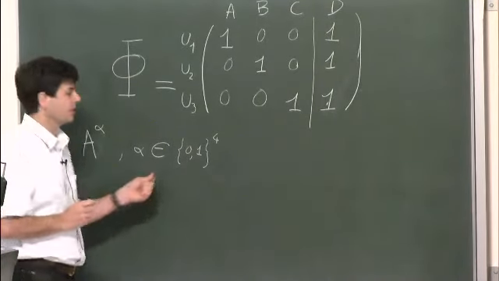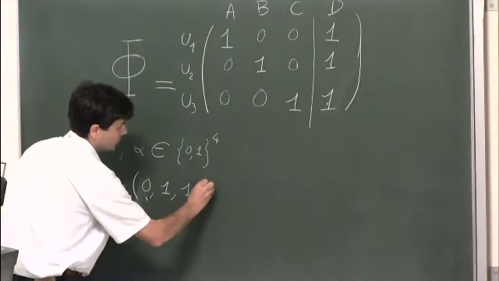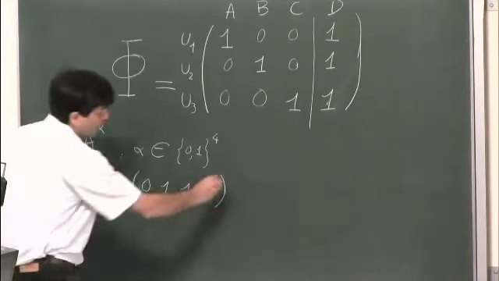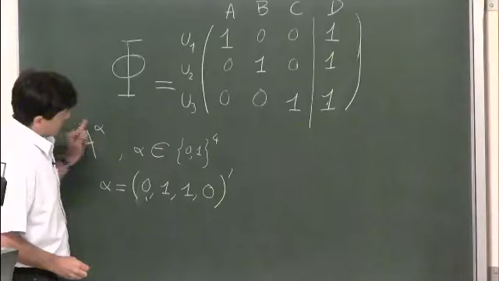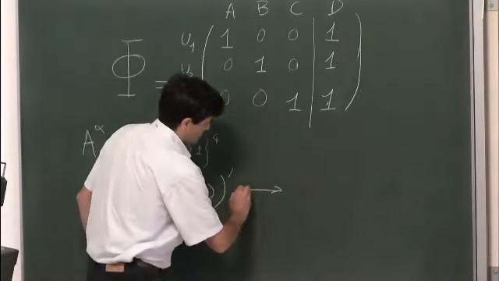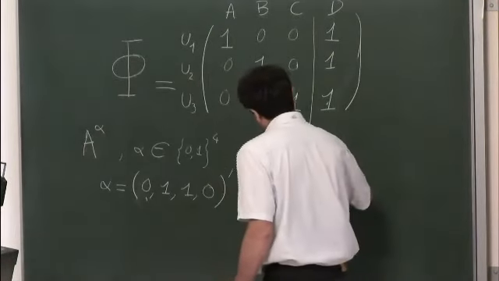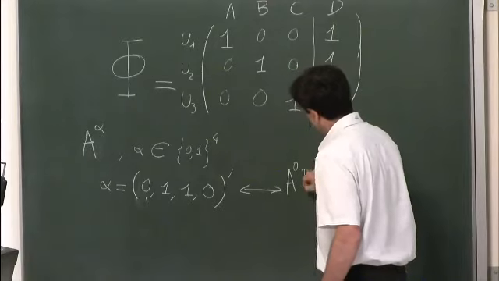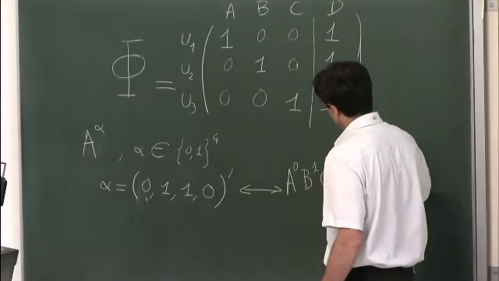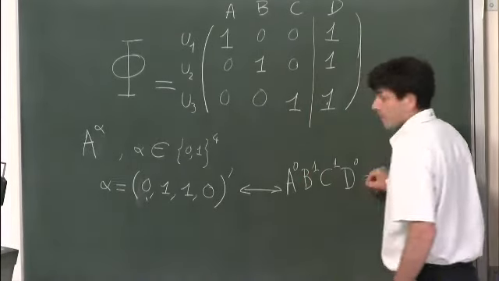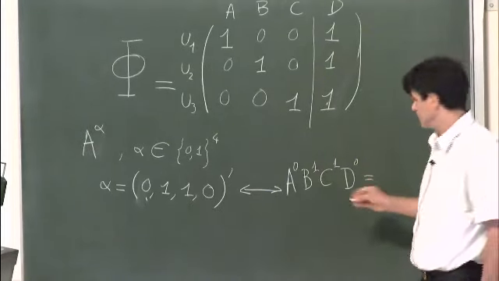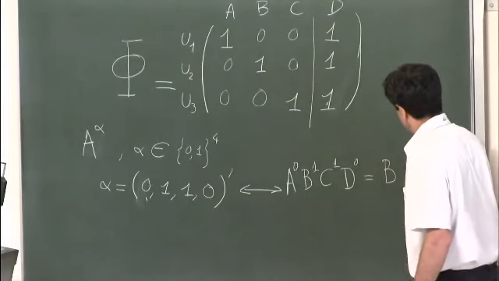So, for instance, if I take alpha equals 0, 1, 1, 0, it corresponds to the factorial effect a power 0, b power 1, c power 1, d power 0, which is interaction BC, because power 0 gets eliminated.